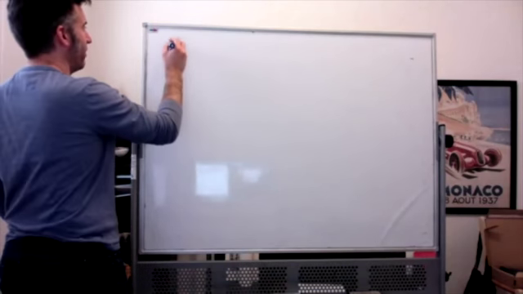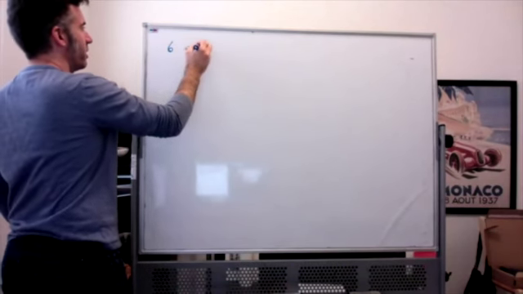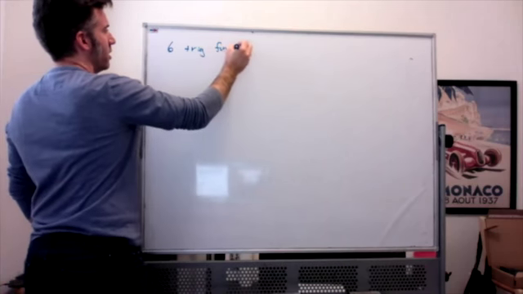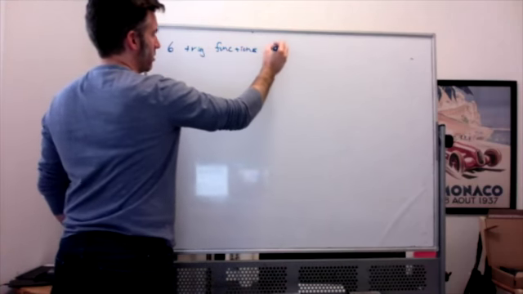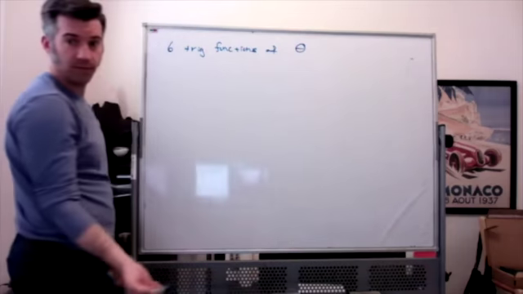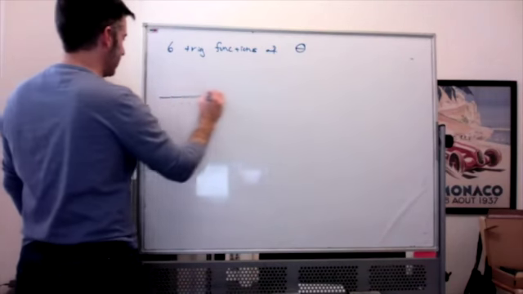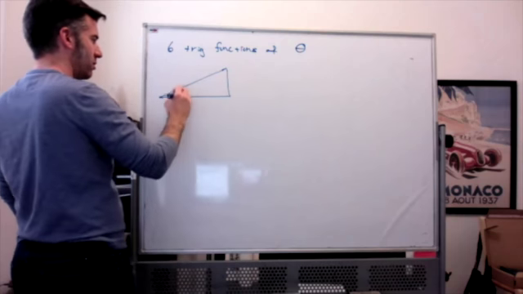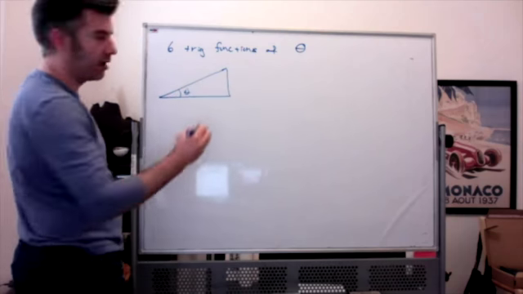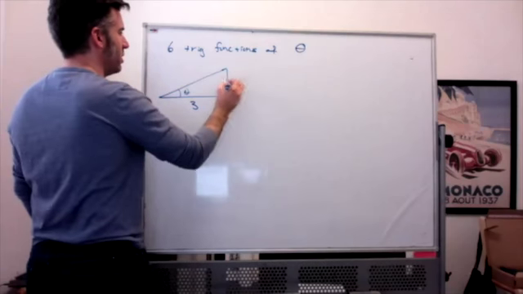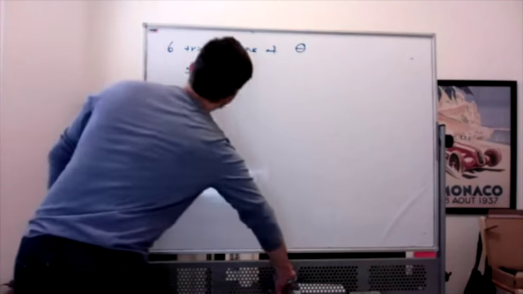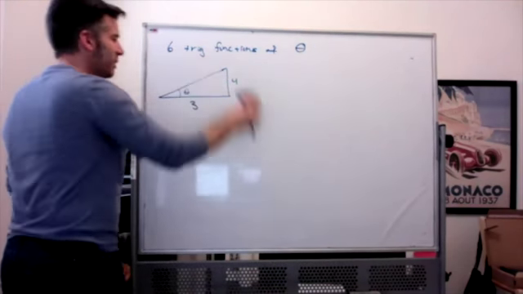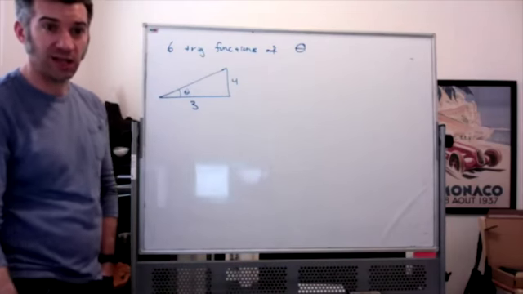So let's say I want to find the 6 trig functions of the following angle, theta. Let's say we have this triangle, kind of everyone's favorite triangle. Notice my triangle is not drawn very well, at least not the way I've labeled it.